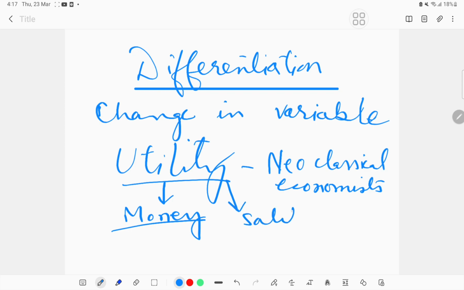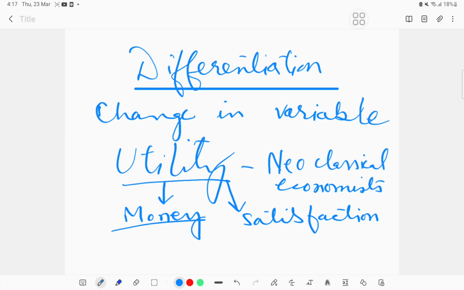If we consume an ice cream, the units of money we spend on consuming 1 unit of ice cream, the amount of satisfaction we get from consuming that ice cream is known as utility. The utility of a unit of a commodity for a person is equal to the amount of money he is willing to pay for it.